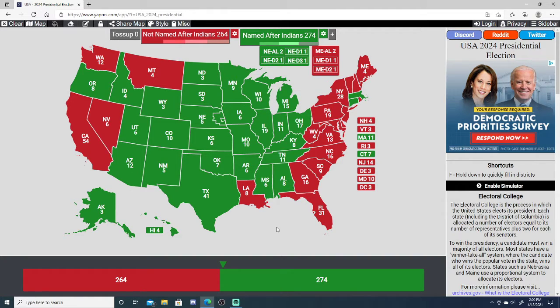Next up we have Montana. Montana actually has two names I could give it. One, I could give it the name Shoshone, because the Shoshone is the biggest tribe in the area, and it's also one of the most well-known. Or I could give it the name Sacagawea, because if you don't know, Sacagawea was the Indian woman who helped the Lewis and Clark expedition find their way west, and she was a member of the Shoshone tribe.